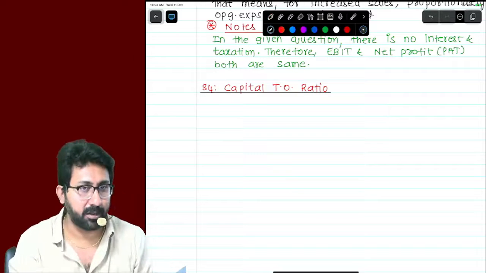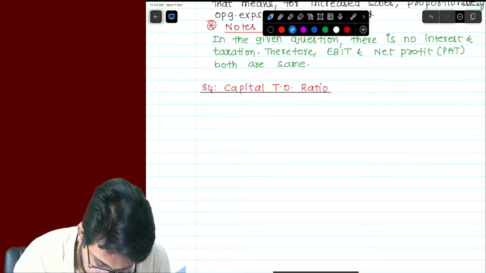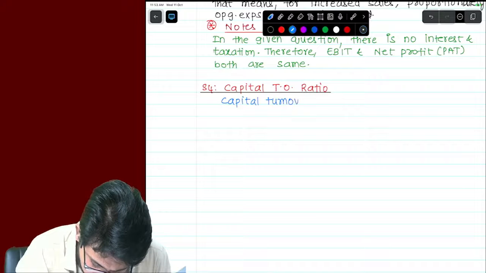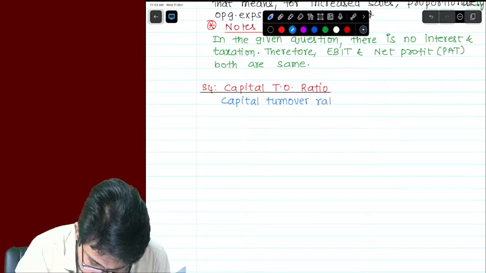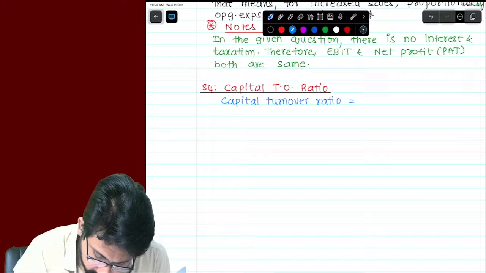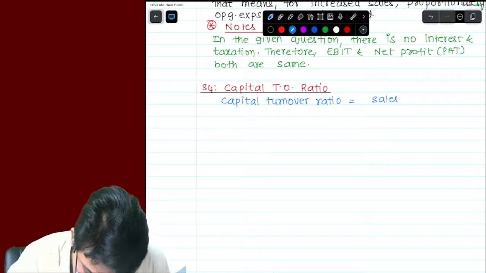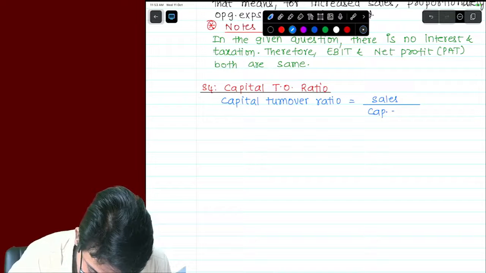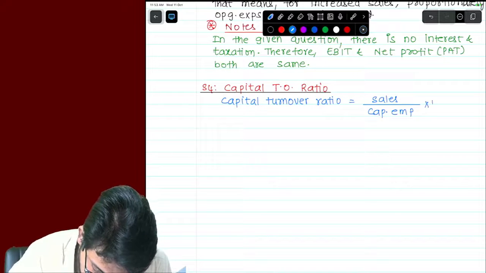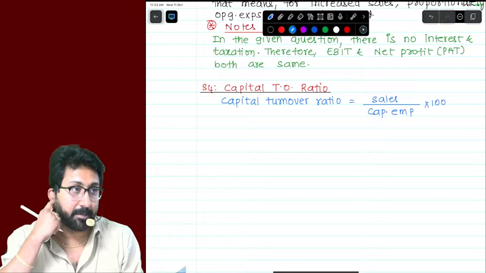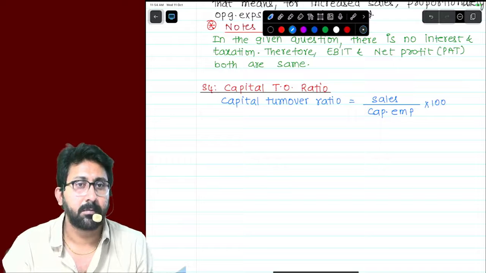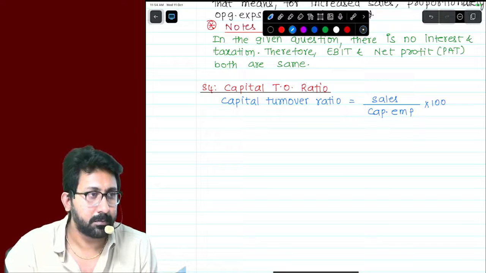Capital turnover ratio. First write down the formula: sales by capital employed into 100. Shall we continue?